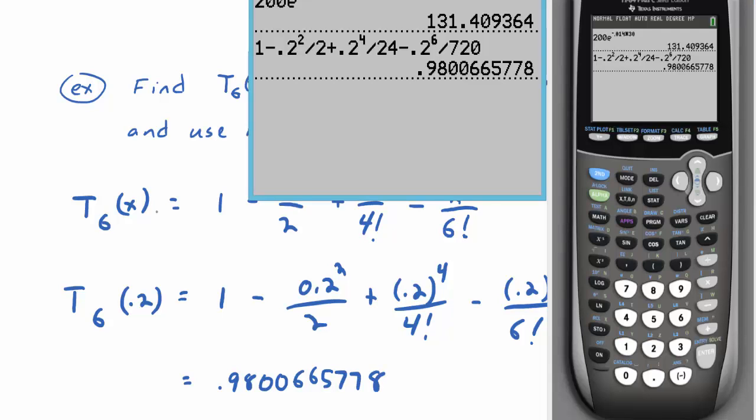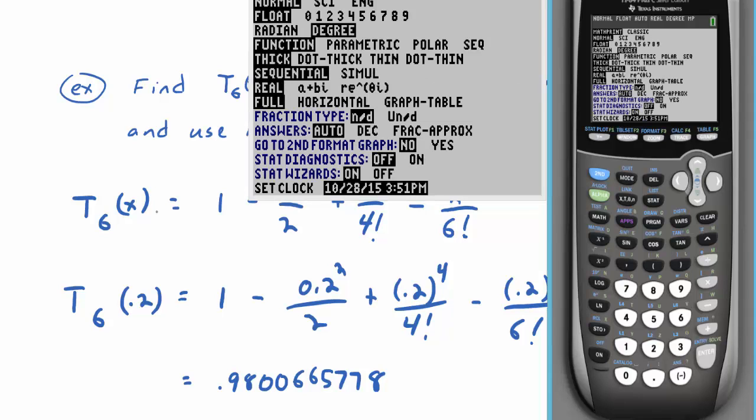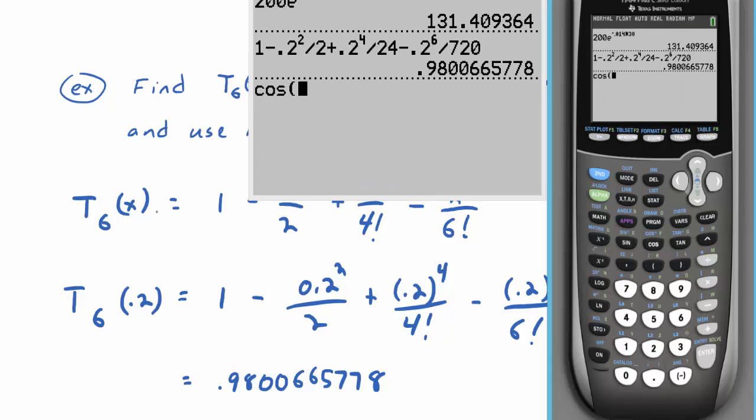Now, it would be interesting to go ahead and put in 0.2 on the calculator. Let me make sure I'm in radian mode. And let's go cosine 0.2. Oh, wow. That's pretty good. So have you ever wondered how your calculator works? I'm not here to make the claim that your calculator uses this approximation to get values of cosine, but it uses mathematics. It doesn't have them in memory.